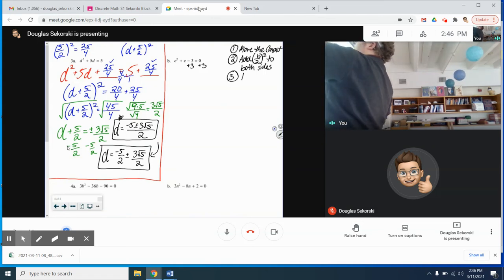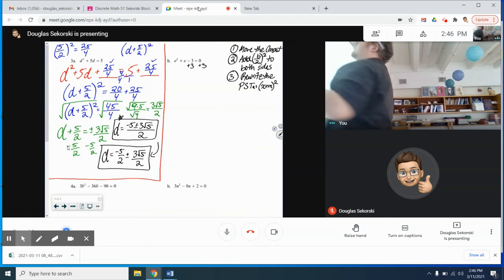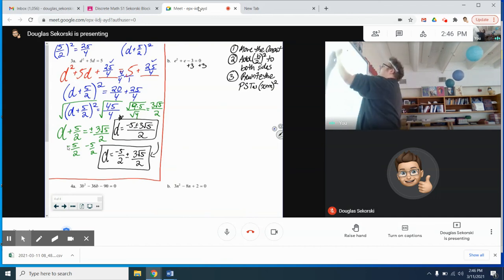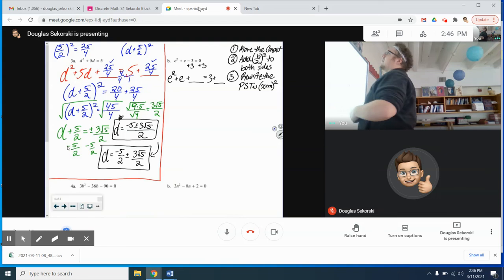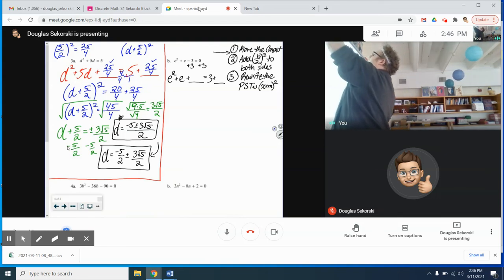And number three, we want to rewrite the perfect square trinomial, the PST, as x plus m squared. So let's get that far at least. We have e squared plus e plus a blank equals 3 plus that blank. So I guess a little mini halfway in between step is add blank to both sides.